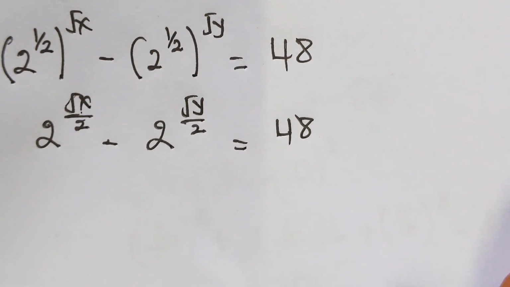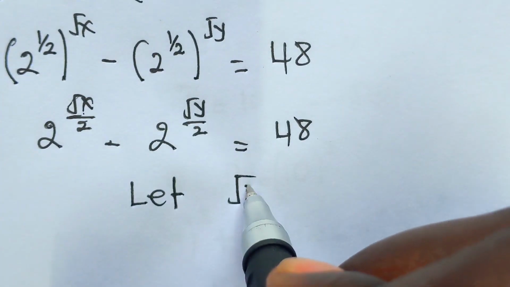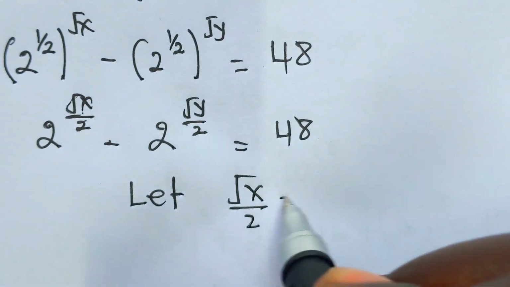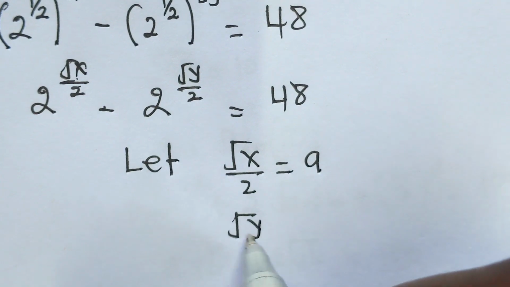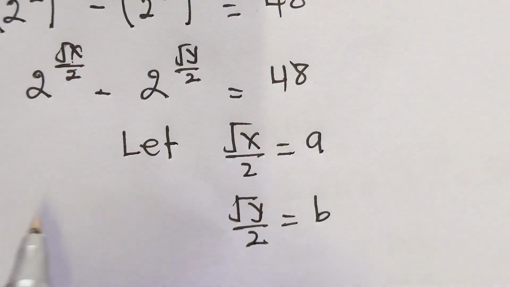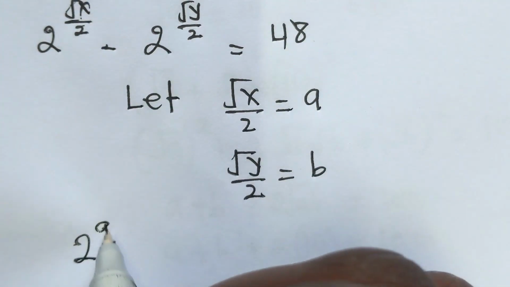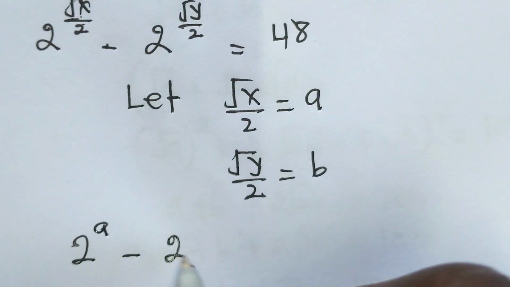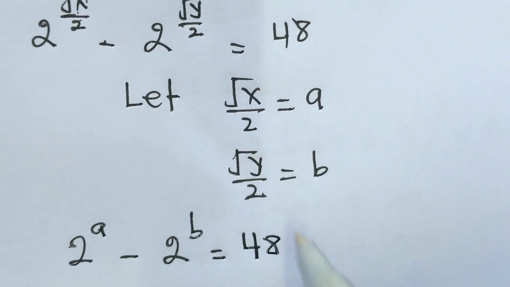At this moment, we can let square root of x over 2 be equal to a, and square root of y over 2 be equal to b. Then we shall get 2 power a minus 2 power b equals 48.